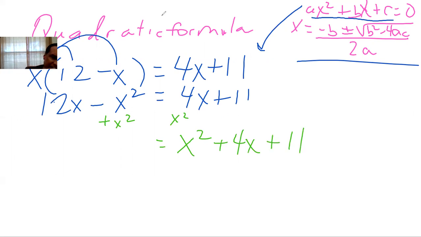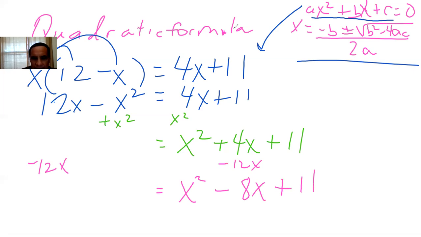And then I end up moving, or should I say, adding the negative 12x to both sides. So now I end up with x squared minus 8x plus 11, and because I've zeroed out this side, that's equal to 0. So that's just a little detail on what I actually did to get the equation into standard form.